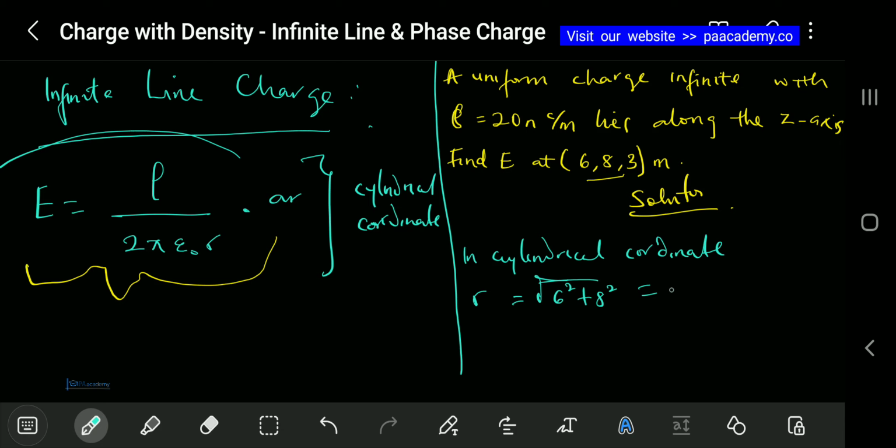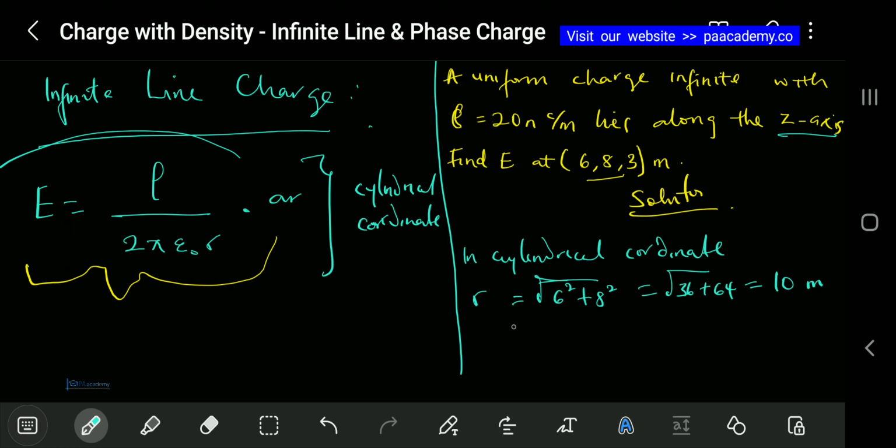If you do this, you are going to get the square root of 36 plus 64. That's the square root of 100, and that will just give us 10. So that's 10 meters.